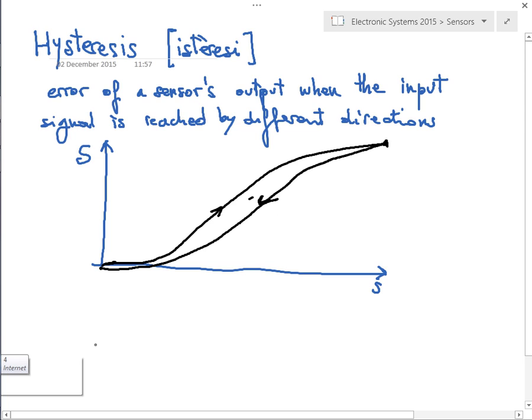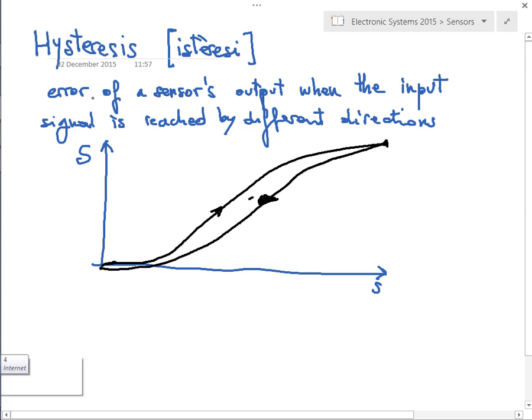And then it's really cyclical. Then if one increases S, it again goes above the line for increasing S. And then in the other direction, and performs this cycle. This is very typical with magnetic sensors, but not only with magnetic sensors. And it's something that occurs when there are some nonlinearities in the system.